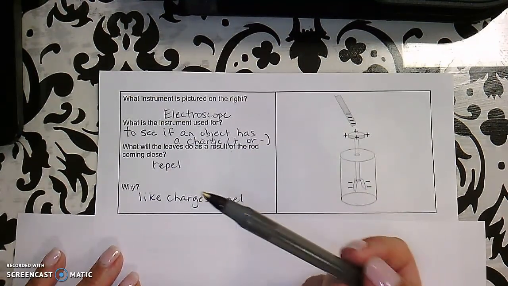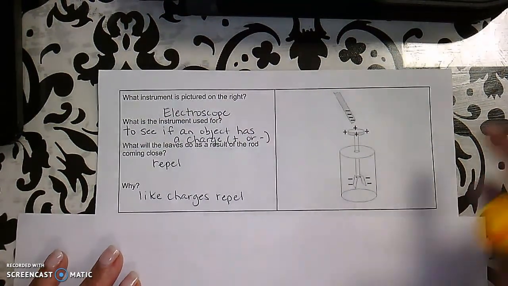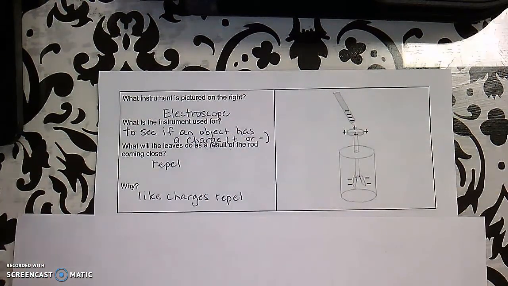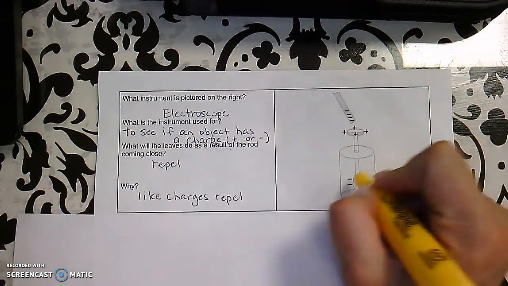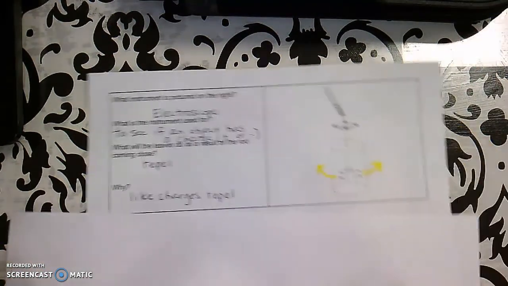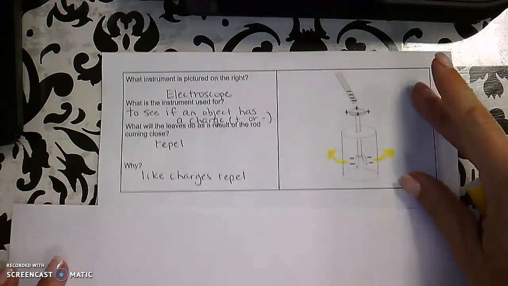It just shows if something's charged or not. What will the leaves do as a result of the rod coming close? The leaves are going to spread. They're going to repel because they're negatives and they don't like being by each other. And why? Because like charges repel. That's why.